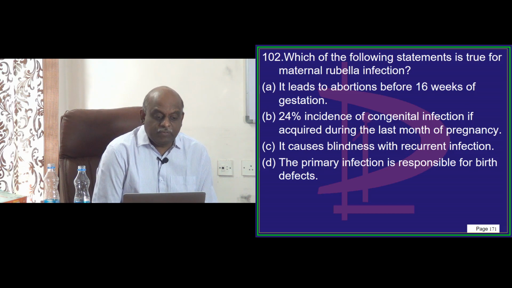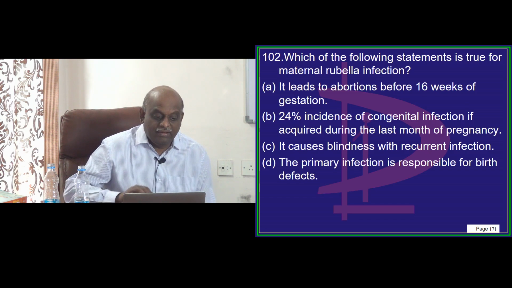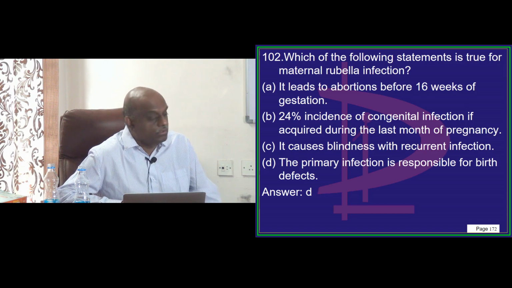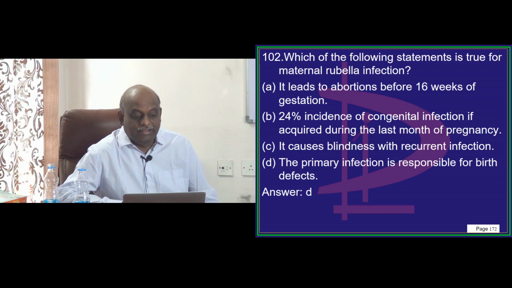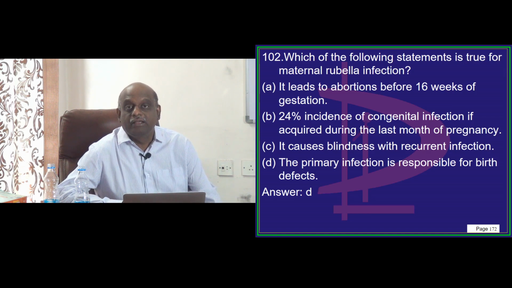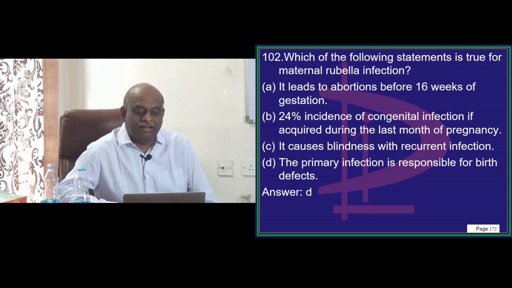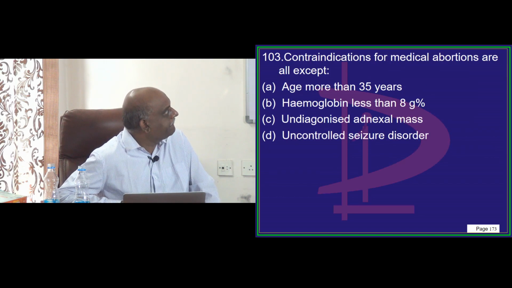So Srikanth is proposing B, right? Roshan Yadav is proposing D. Yes. So Roshan is absolutely right. It causes blindness with recurrent infection is right. It leads to abortions before 16 weeks of gestation, and there is a 1/4 chance of infection if the mother happened to acquire it during the last month of pregnancy.